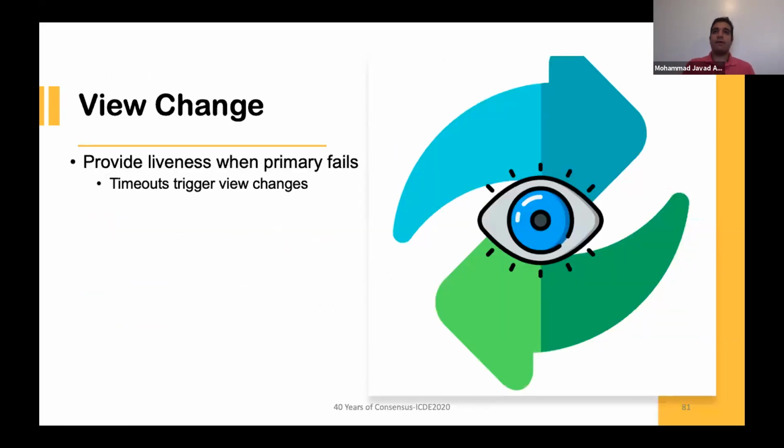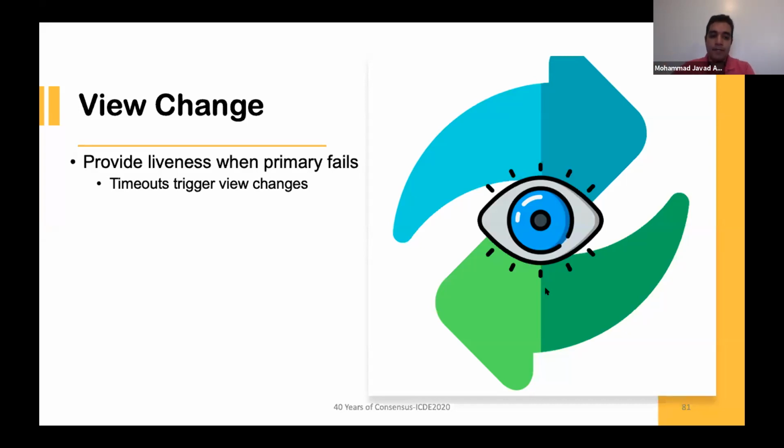What if we have a malicious primary? Once a node receives a message from the primary, it starts a timer for some delta time. If it receives a commit message for that request, then it stops the timer.